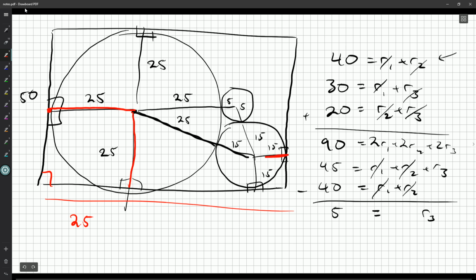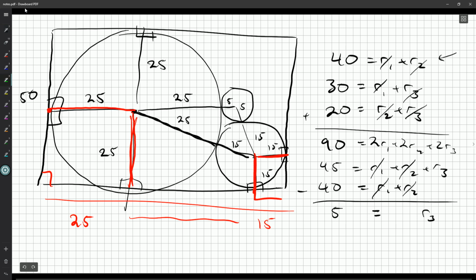Similarly, if we come out from this side and go straight down, we've gone a distance along the length of 15. But what's the length in between these two lines? It's not 40. We are told that this length is 40, but it doesn't go straight across. It goes over and down a little bit. We just want to know how far across it goes.